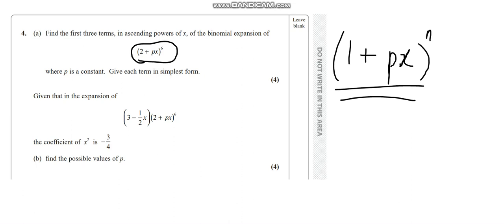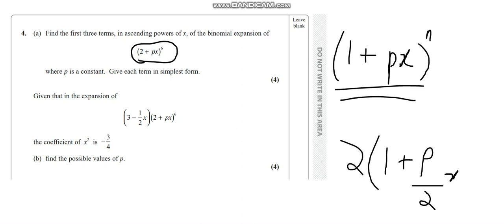If I take 2 out, it becomes 2 into (1 + p/2 x), because if we multiply p/2 with 2, those 2's cancel and we have everything as it was in the equation above. There you go. Now we have got our first mark here.